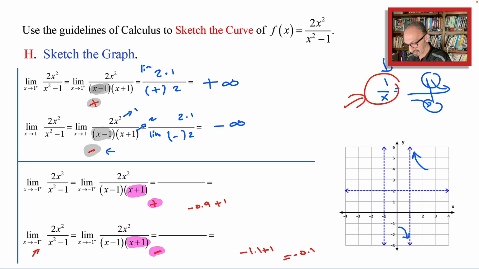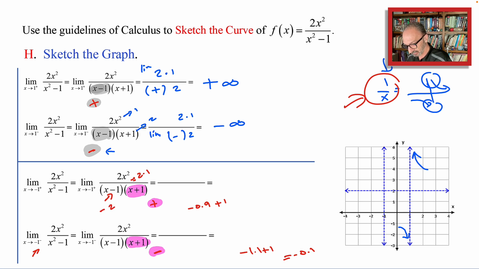Going back to the problem, we have the following. We have 2x to the second becomes 2 times 1. And this right here becomes negative 0.9 minus 1. We'll get close to negative 2.